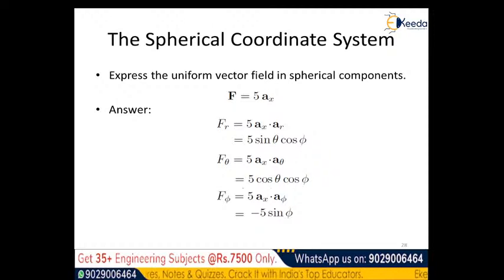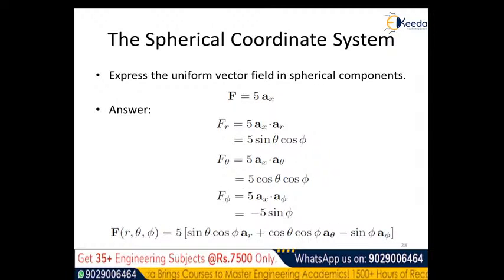So these are the three magnitude components along the r direction, theta direction and phi direction. If you collect these magnitude components and express them with the help of unit vectors directed along r, theta and phi, we have the resultant, required representation.